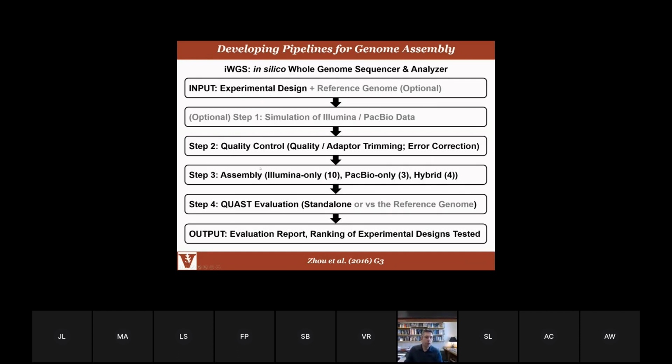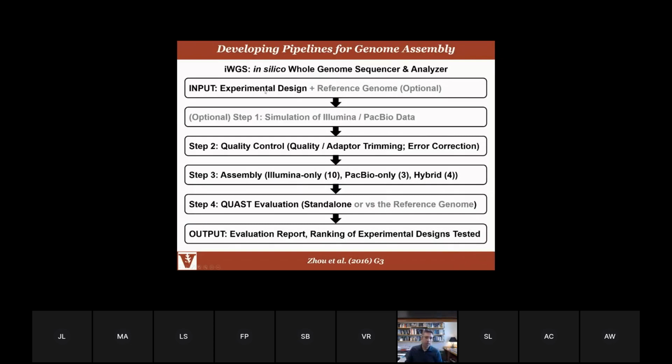It would assemble all these genomes with several different de novo genome assemblers. Some are Illumina only, some are PacBio only, some are hybrid. It would do evaluation, either standalone for the genome at hand or compared to a reference genome. And then it would produce an evaluation report that would enable you to identify which is the best assembly for the data at hand.